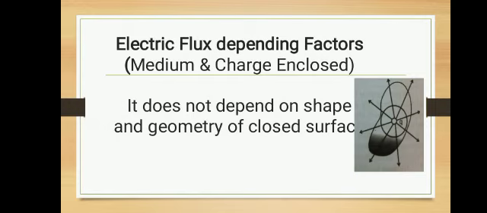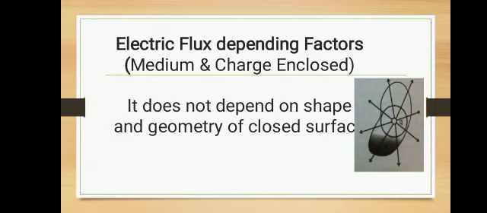But the interesting thing is that the electric field lines passing through this spherical shape are the same: 1, 2, 3, 4, 5, 6, 7. And the number of electric field lines passing through this arbitrary shape is also 7. So it means the number of electric field lines does not depend on geometry and shape.